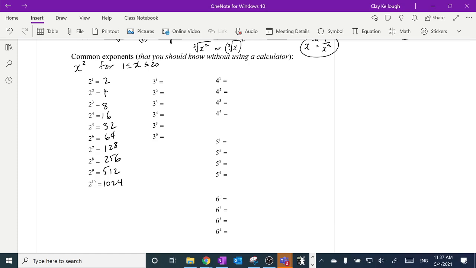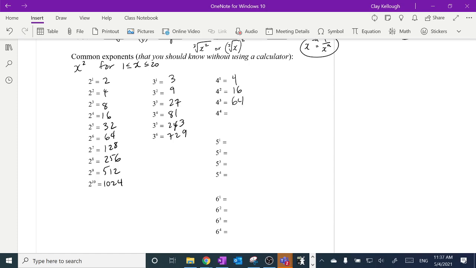But how's your threes? You good? And of course, your fours are already in your 2 column if you think about it. You just have to think 4 squared is 16, and 4 to the power of 3 is the same as 2 to the power of 6, so 64.